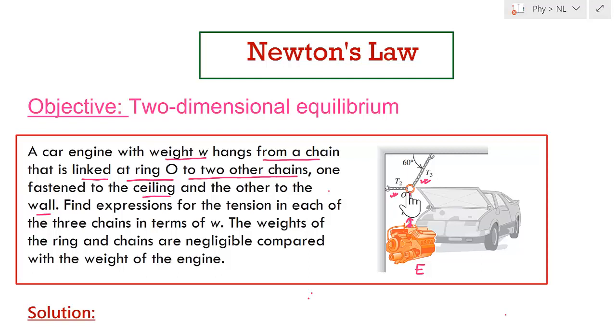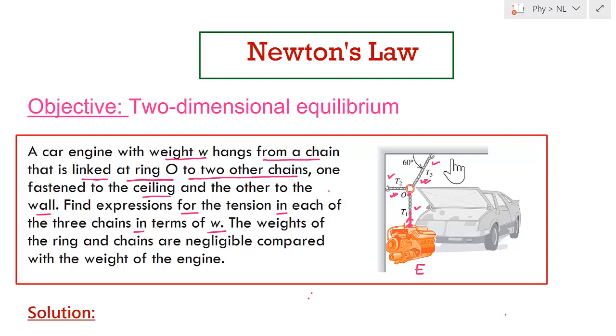Now the question further says, find the expression for tension in each of the three chains in terms of W. The tensions in these three chains are different. In this chain the tension value is T1, in this chain it is T2, and in this chain it is T3.